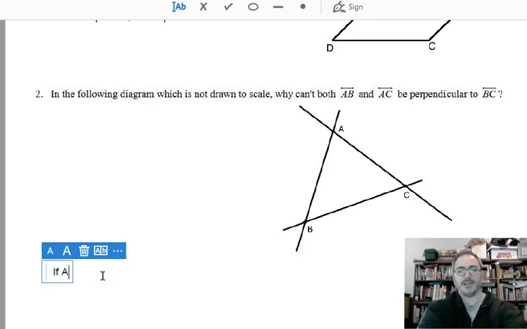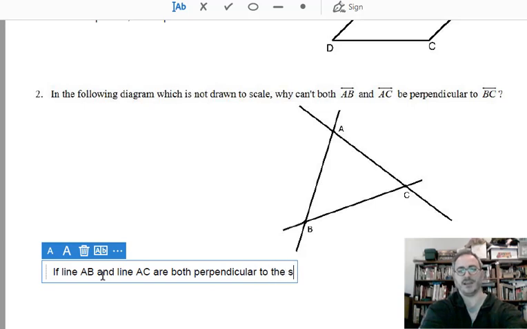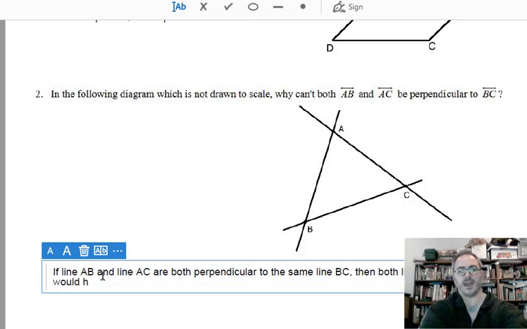If line AB and line AC are both perpendicular to the same line BC, then both line AB and line AC would have to be parallel.